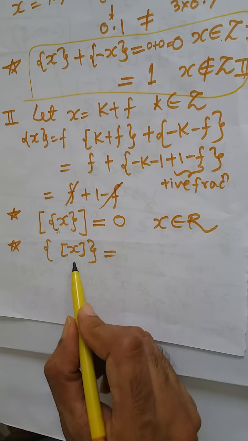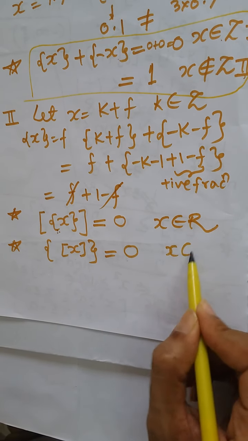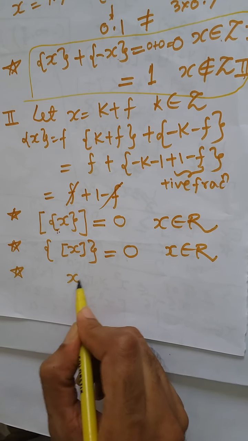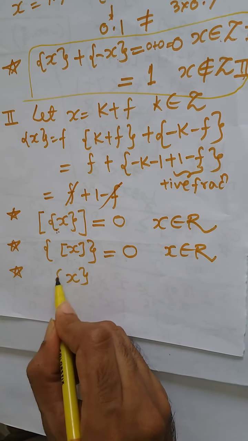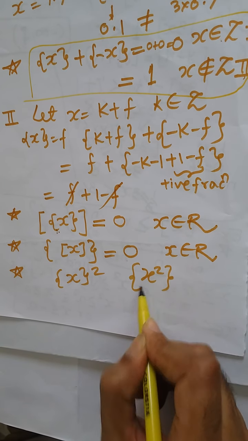Since this is an integer, the fractional part is 0, again valid for all x belonging to R.